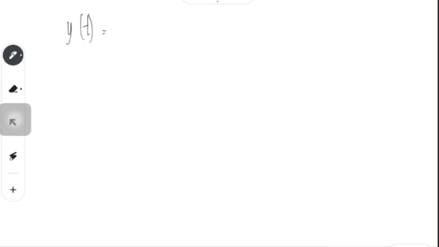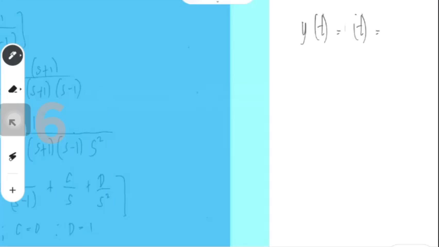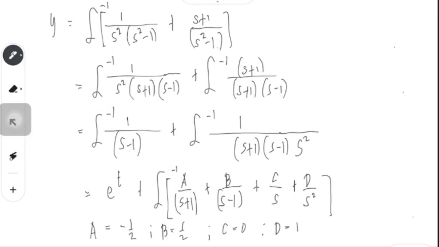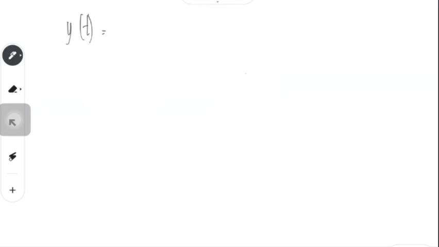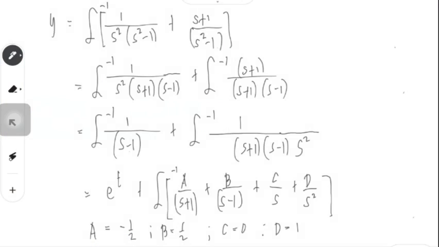Ano yung unang term natin? e to the t. What is the value of A? Negative 1/2.